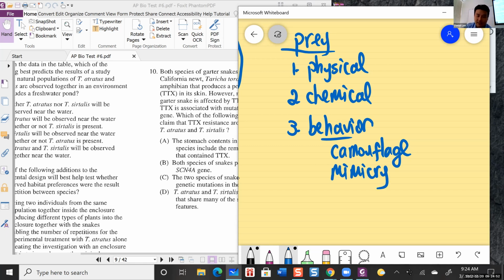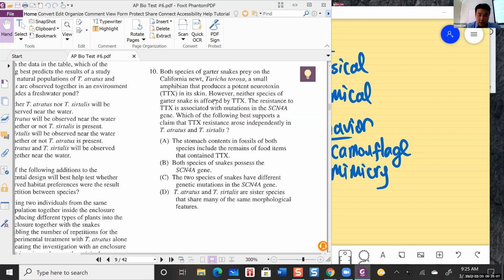So you kind of pop up and look scary. There are a lot of these behavioral mechanisms. So that's the way, whether you're a plant or an animal, to defend yourself. So this is a neurotoxin, which is great. However, neither species of garter snake is affected by this neurotoxin. So maybe that's why they prey on them, right? Because they don't care. They reciprocally evolved to handle that kind of toxin so they can eat it.